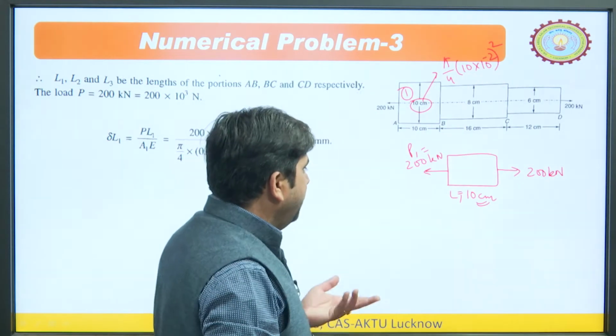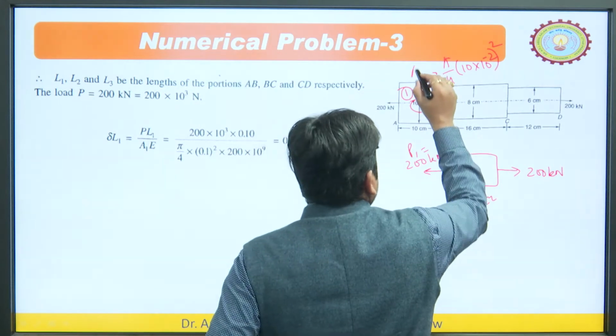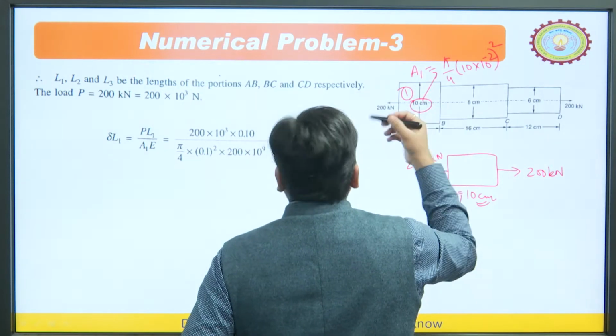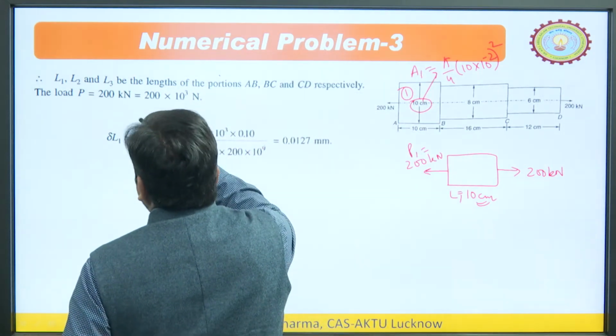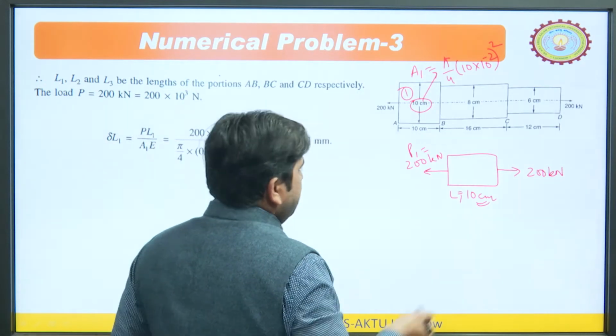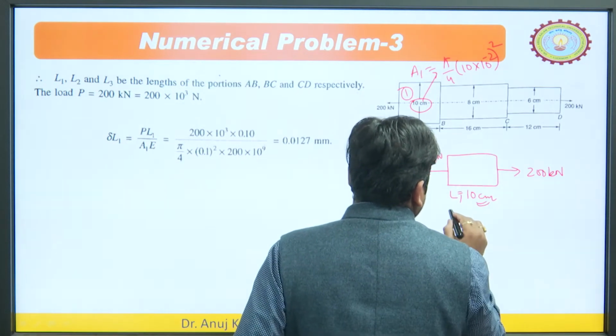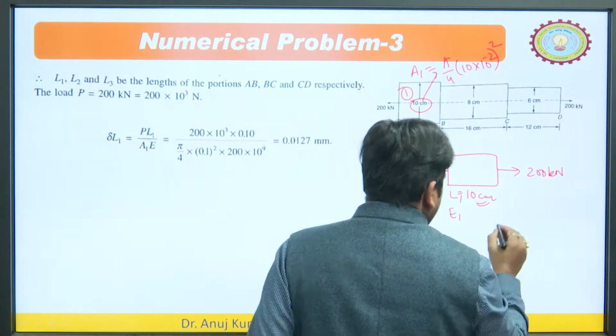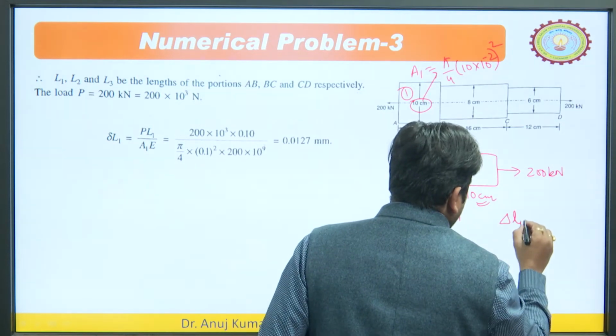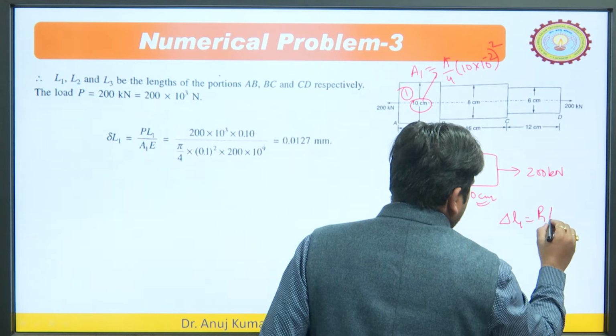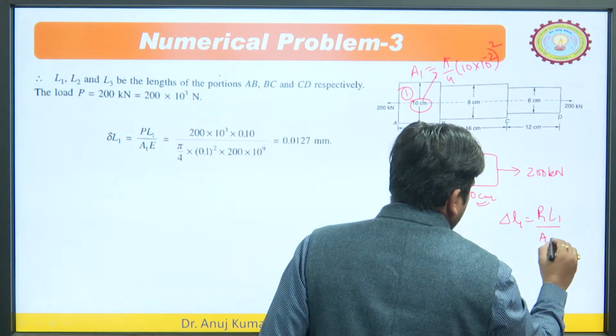So, you will get the area A1. And E is already given to you, that is in the previous slide, E1 is given. So, delta L1 would be how much? Delta L1 will be equal to P1 L1 upon A1 E1.